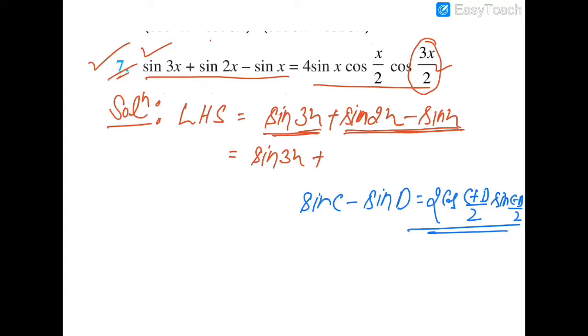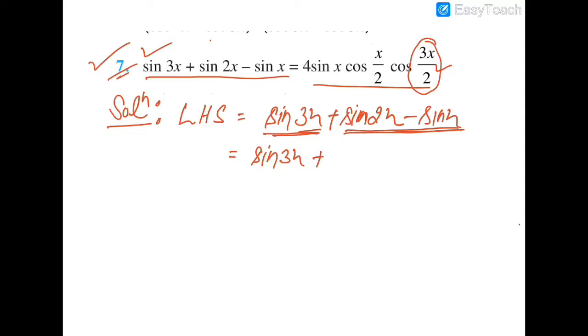This is the formula. If you use this formula, then you will get 2 cos of (2x plus x) by 2 and sine of (2x minus x) by 2.